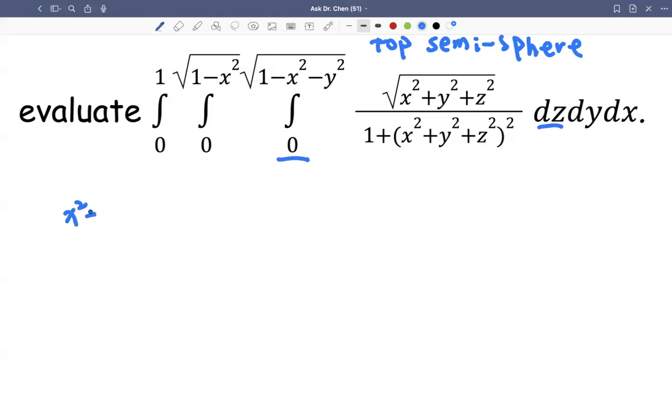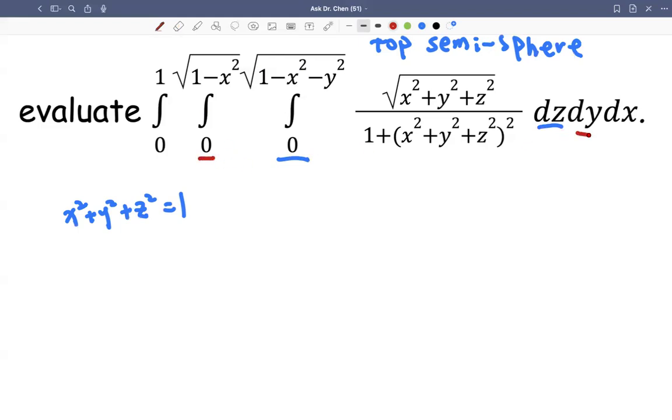Think about x squared plus y squared plus z squared equals 1, right? That represents a unit ball centered at the origin. So in the z direction, the lower limit is 0, and the upper limit is this top semi-sphere.